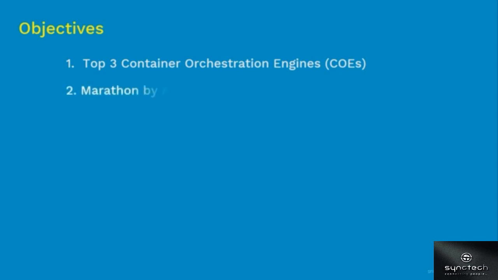There are 6 major things that we'll be learning as part of this video. First, I'll show you at a high level what the top 3 container orchestration engines are, and then we will discuss each of them in depth. First, we'll discuss Marathon from Apache Mesos. After that, we'll discuss Docker Swarm from Docker Inc. Then, we'll briefly discuss Kubernetes.